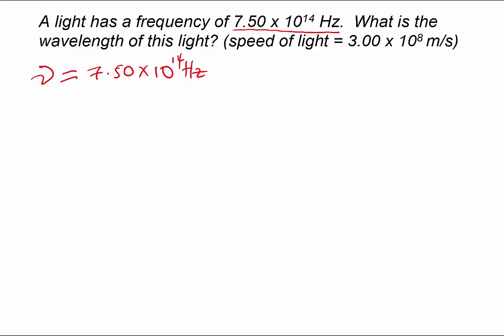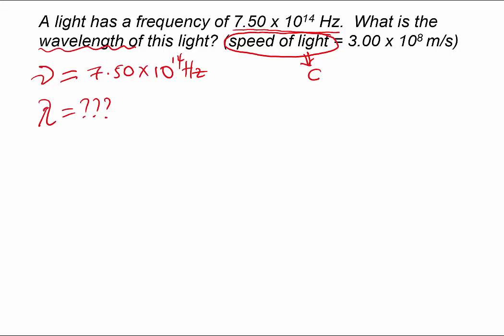What is the wavelength of this light? We are being required to find lambda, which represents wavelength. Given that the speed of light, which is usually represented as the symbol c, is given as 3.00 times 10 to the power 8 meters per second.